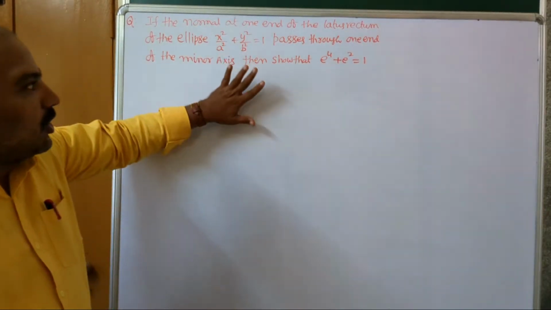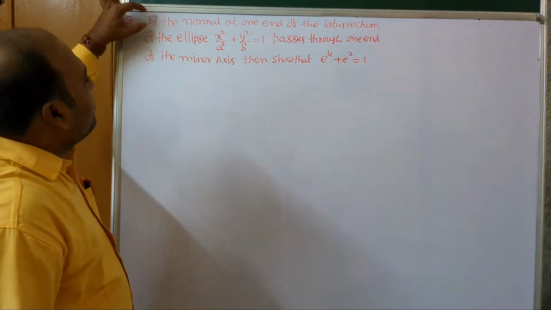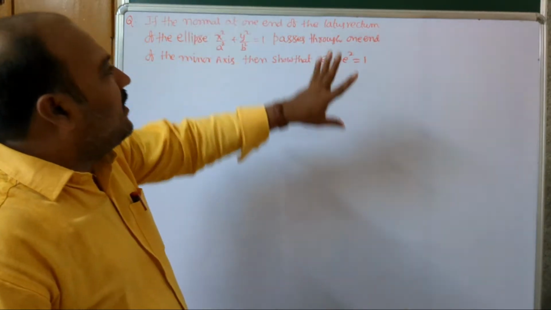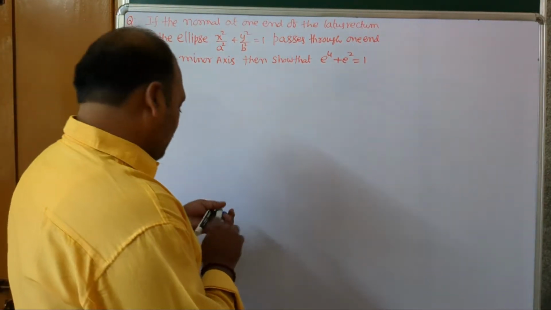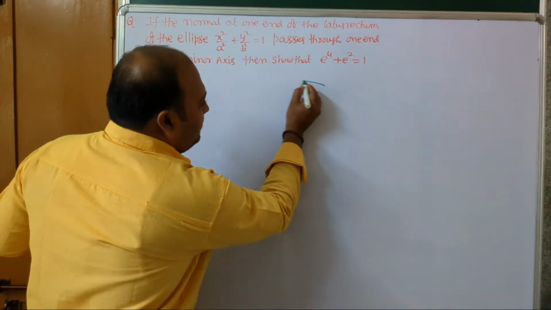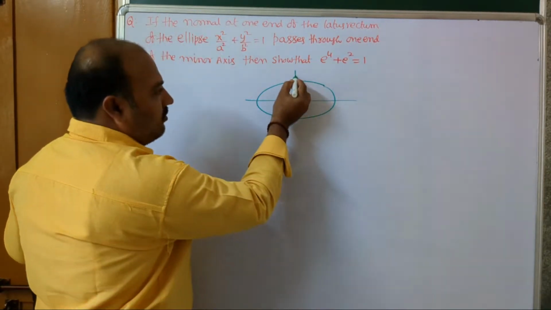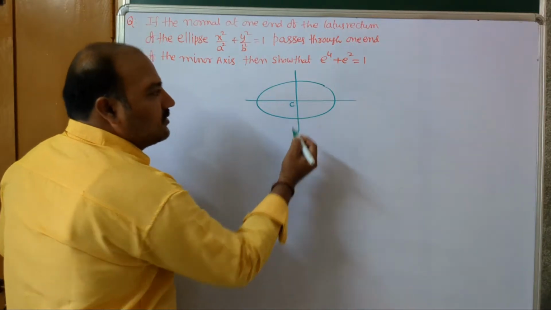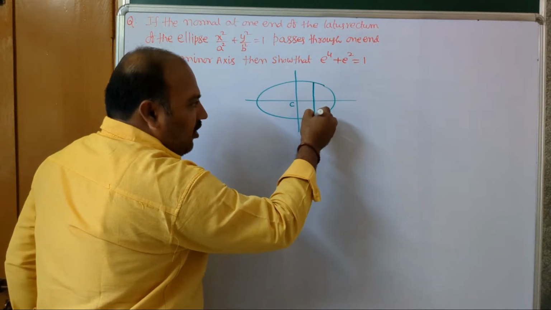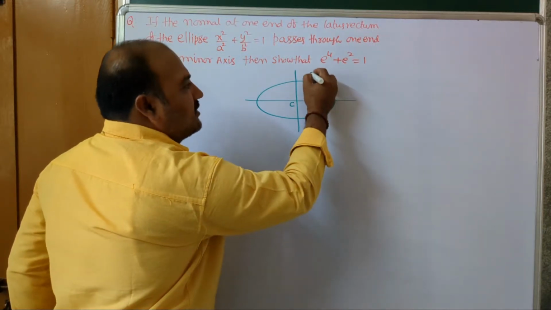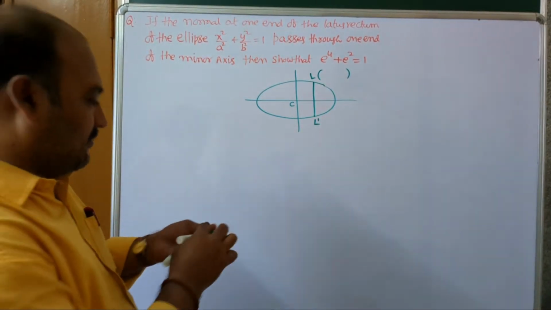See, first, according to the problem, one or twice you read the question thoroughly, dear students. If the normal at one end of the latus rectum of the ellipse, you have to draw that ellipse figure. This is the ellipse figure. This is the center. Latus rectum, LL dash. This is called the latus rectum. What is one end of the latus rectum?